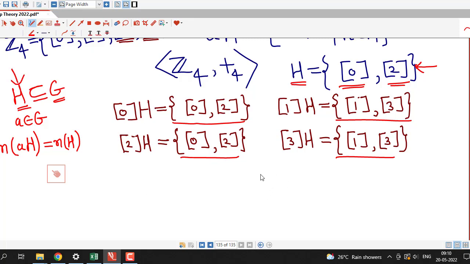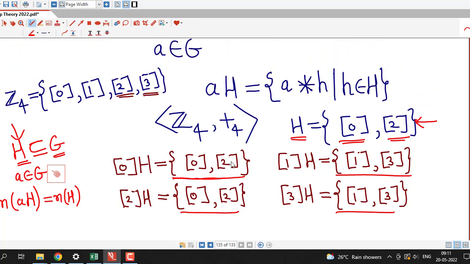Another observation we can see is that the cosets corresponding to the elements of the given group Z4 are either equal or disjoint. We can see that the cosets corresponding to 0 and 2 are equal.